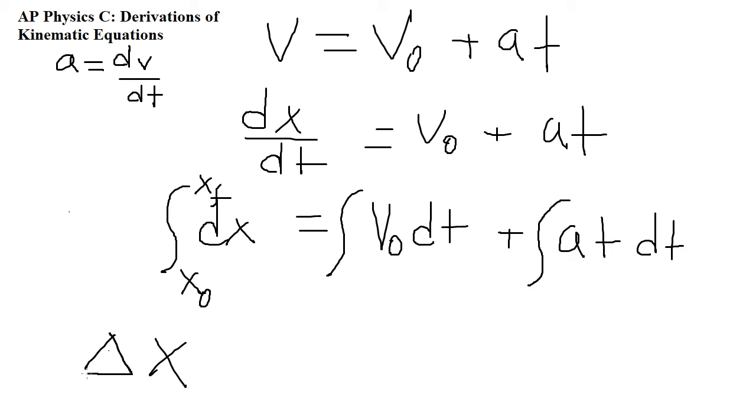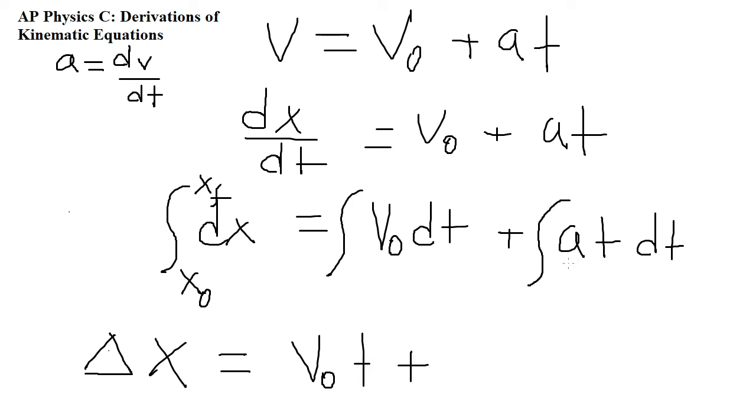Because position final minus position initial is the change in position. And this will be equal to v naught times t, because we're integrating two different variables here. We have velocity and time, so we're just going to stick that there.